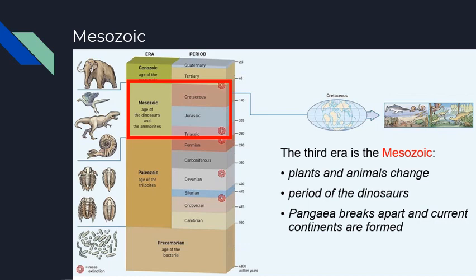So at that point in time, the way the continents look changes as well, because you might know that when a continent is, for example, near Antarctica, the temperature drops. So those animals, for example, needed feathers, because without feathers they won't survive. But when they were near the equator, in the center of the Earth, the temperature might rise, so the temperature is hotter, so they might need more water to live. So animals change because of the changing appearance of the Earth.